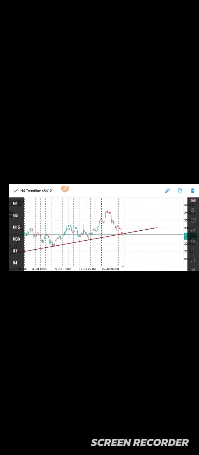On H1, gold has purely broken all supports, and now it's struggling with the TL support on the H4.